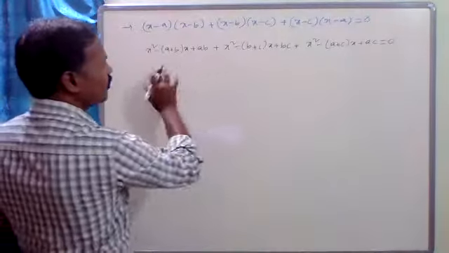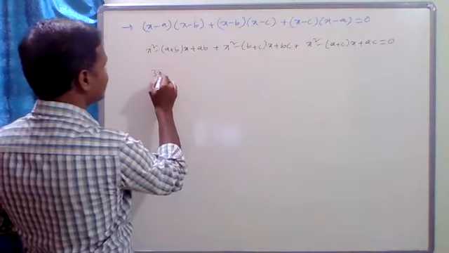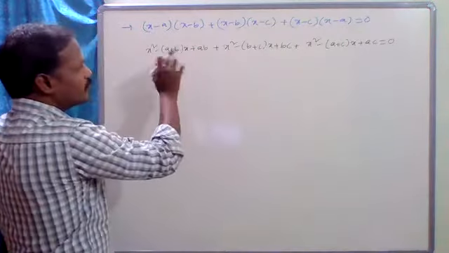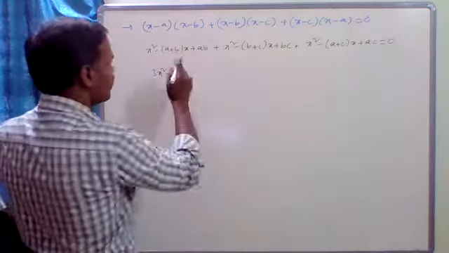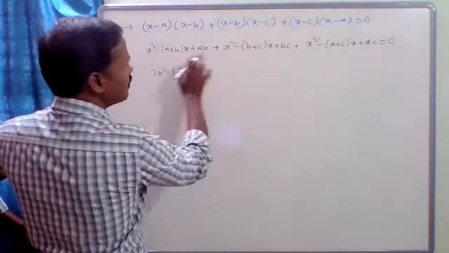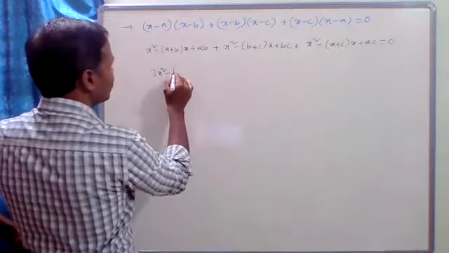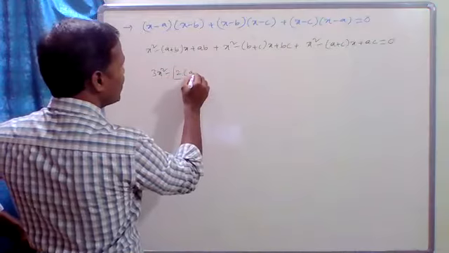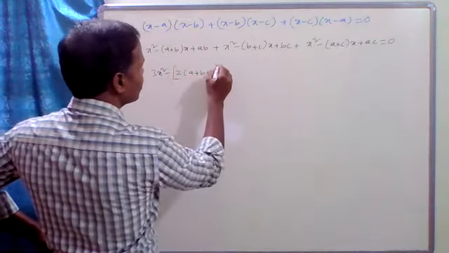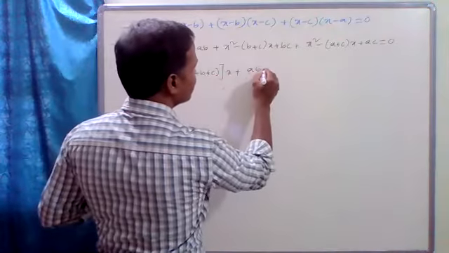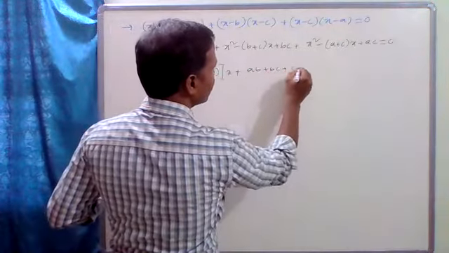Okay. And now, how many x square? 3x square. So 3x square minus the coefficient of x. The coefficient of x is a plus b plus b plus c plus c plus a, that means 2 into (a plus b plus c) into x. Next, ab plus bc plus ca equal to 0.